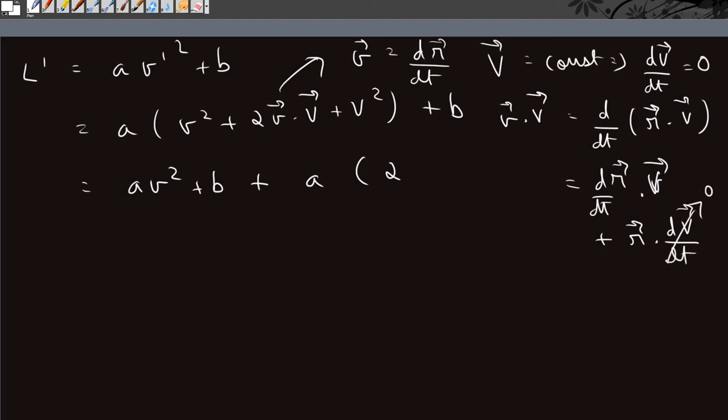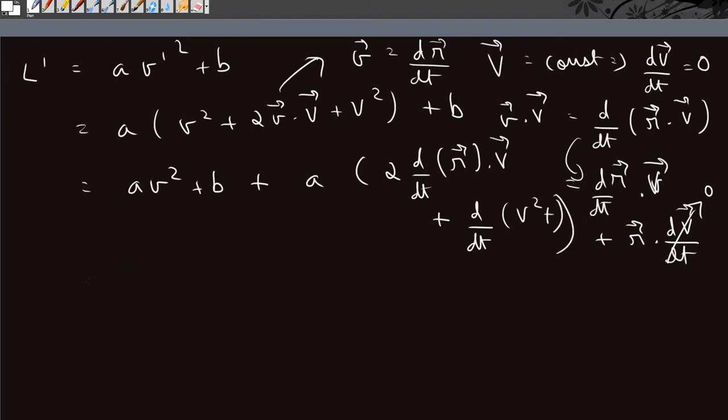This goes to 0, so this is equal to this. So I can write it as d by dt of r dot v, and the next term as d by dt of v square t.